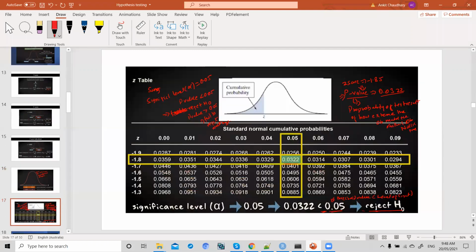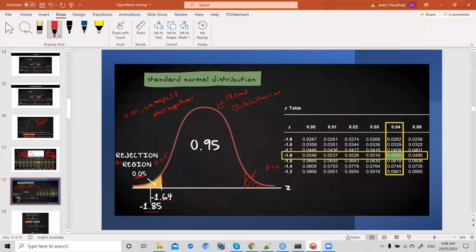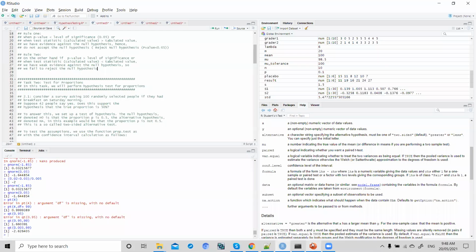Then we looked at the rejection region, and it lies within the rejection region. Then we reject the null hypothesis. In that way, through the test statistic, we can say whether we should reject or accept the hypothesis.